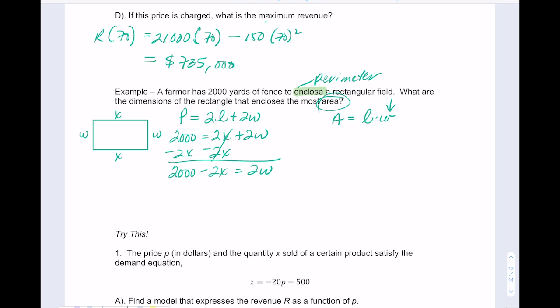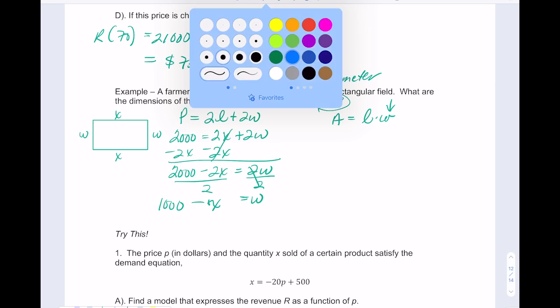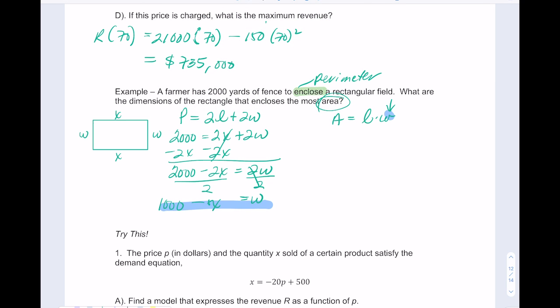Okay, so I'm still not quite finished solving for w here. I would have to divide everything by 2, and you would get the width equals 2,000 divided by 2 is 1,000, and 2 divided by 2 is 1. So you have 1,000 minus x equals w. All I'm going to do is replace that right there.